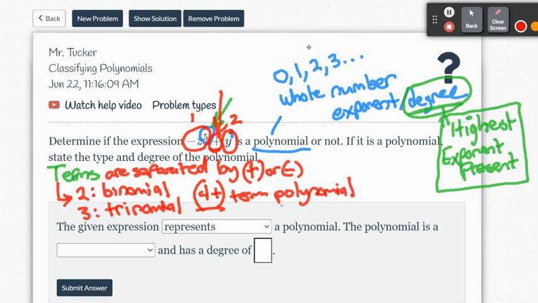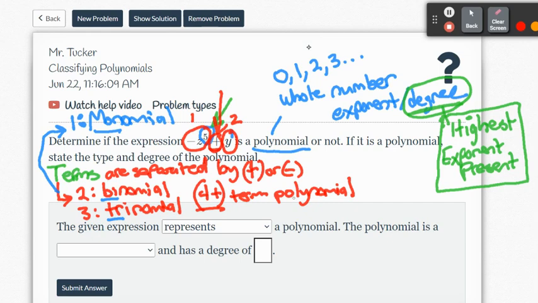We have no more special names for classifying by term. I mean, we have more names in geometry for higher values than 3, but here we're sticking with binomial or trinomial. Now, I didn't give us 1. If we have just one term, it's called a monomial. Sorry, I didn't write that first. If you have one term, it's called a monomial.